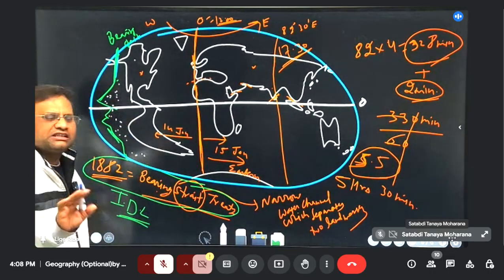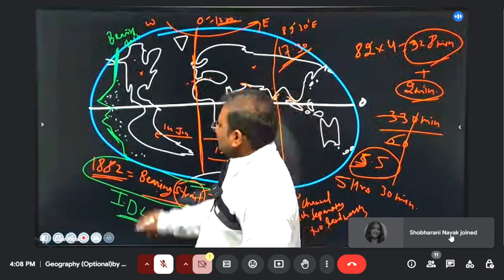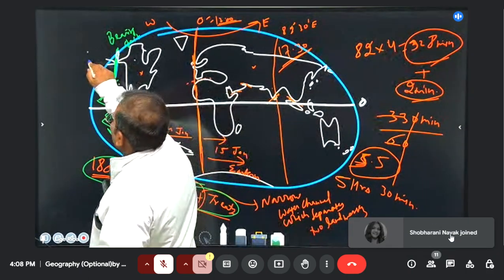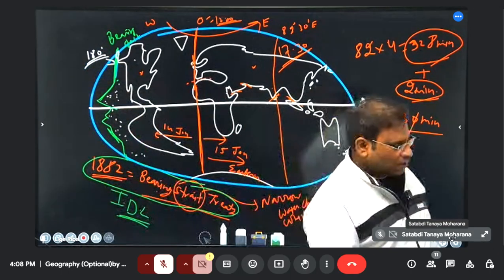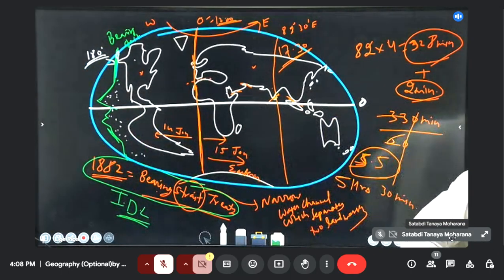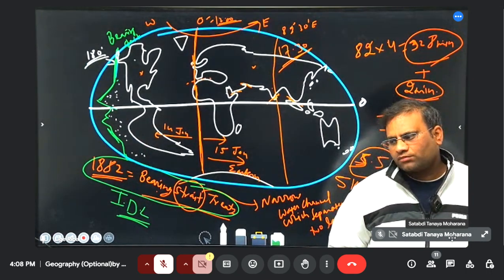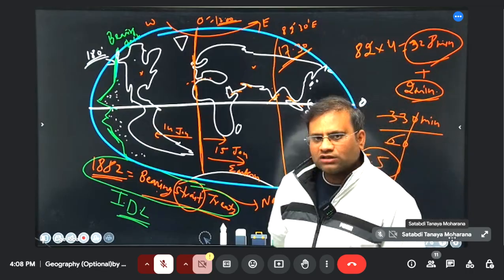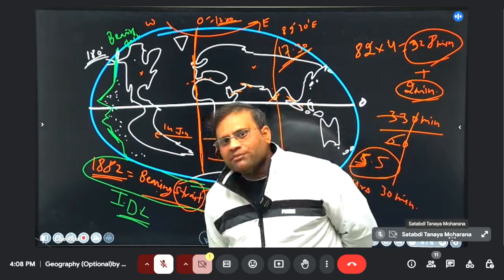So it is a little bit zigzag, not a perfectly straight line. So it is the international date line, and longitude here is 180 degrees. East and west is the same thing, you know. So at 180 degree longitude, it was decided to have the international date line. So that is the concept of time and date.